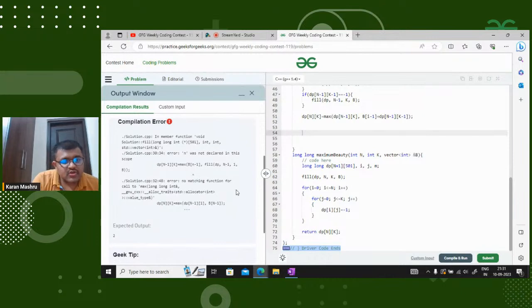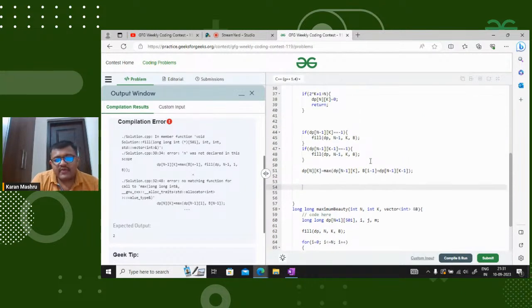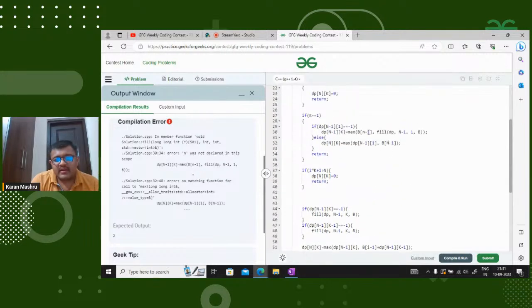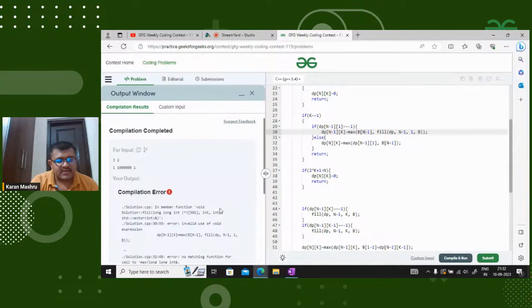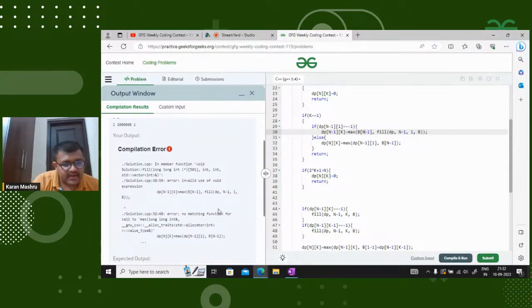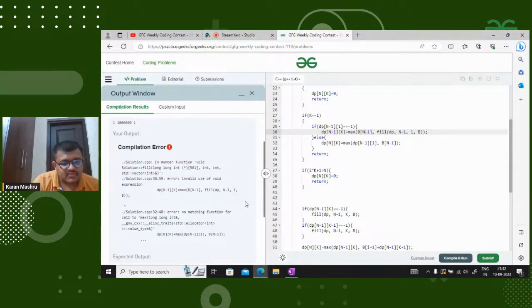Okay, n was not declared. So b of n minus 1 I have taken, so this would be b of capital N minus 1, but this might also give an error because the b array is int, and the other error is invalid use of void expression. Okay, sorry.